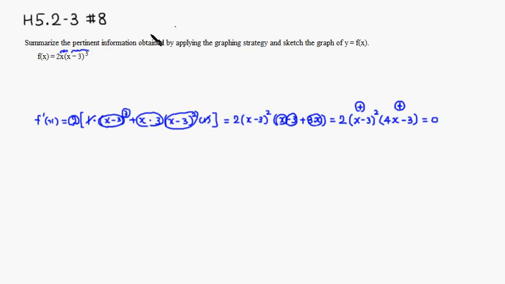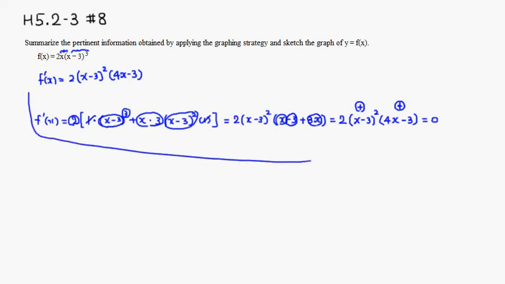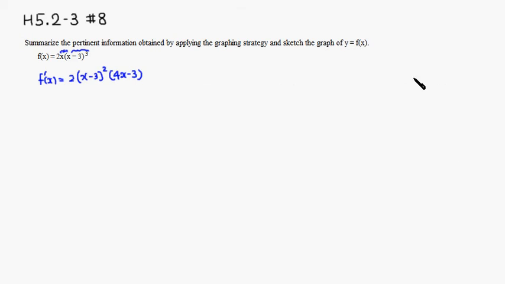Our first derivative we found was 2(x minus 3) squared times (4x minus 3). So we're going to take the derivative again.